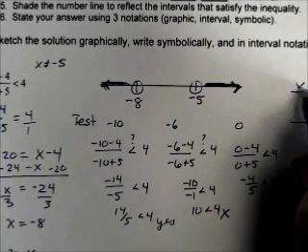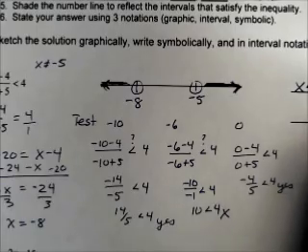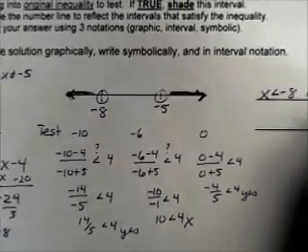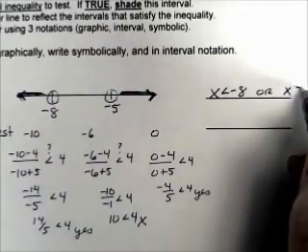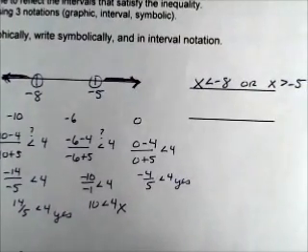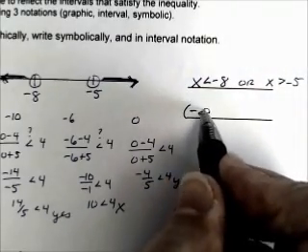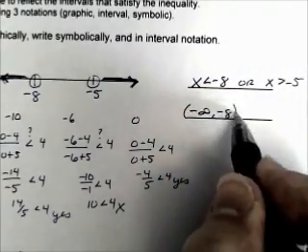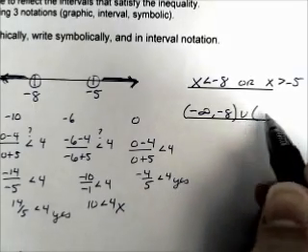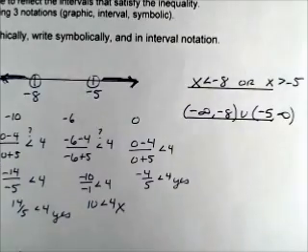Symbolically, these are all values that are less than negative 8 or greater than negative 5. And in interval notation, negative infinity to negative 8, union with negative 5 to positive infinity.